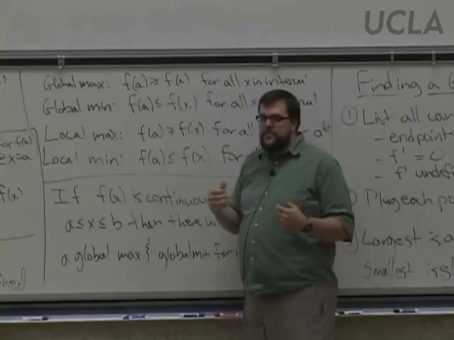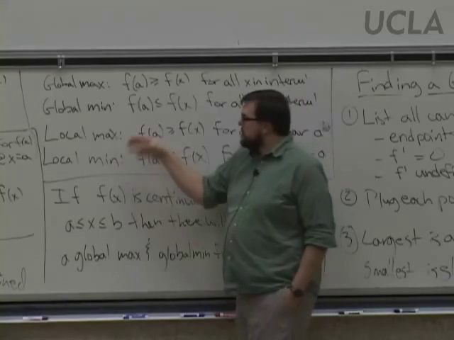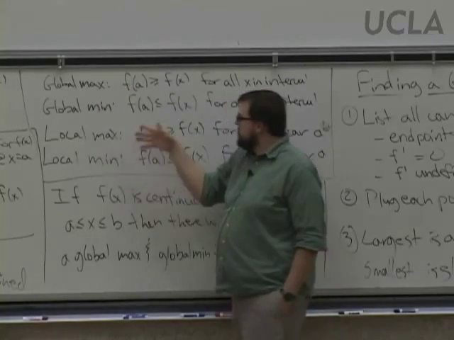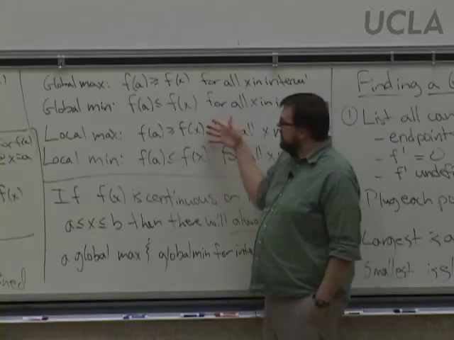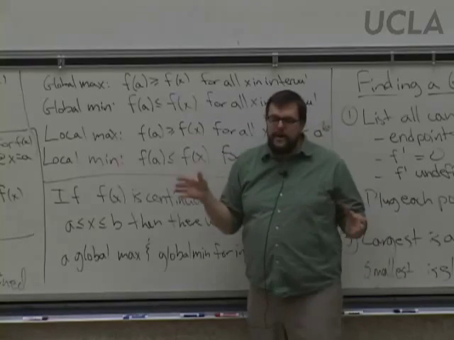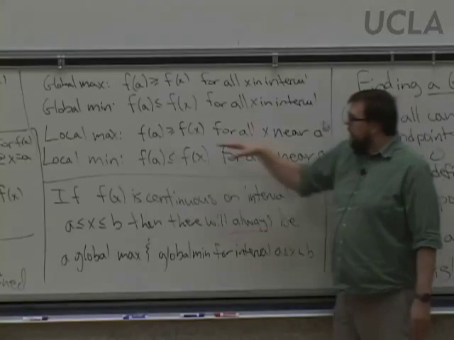Another idea, instead of thinking about global min and global max, is local max and local min. We still have the same idea. Max means you're bigger than other values. Min means you're smaller than other values. But instead of looking at all possible x, the idea of local is you look for x near our point a.